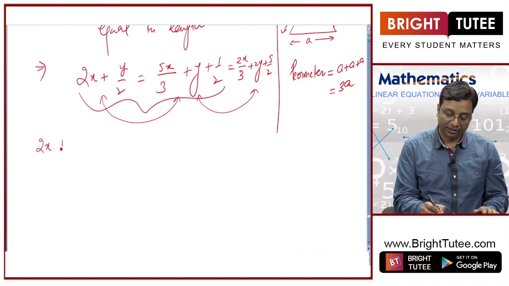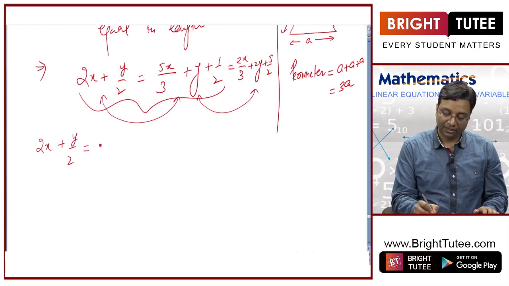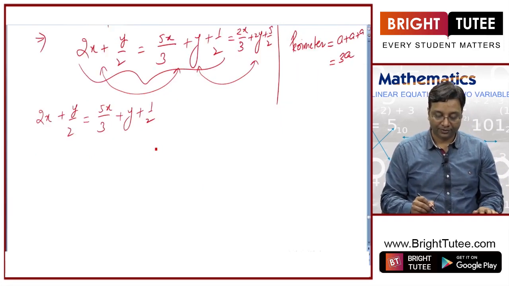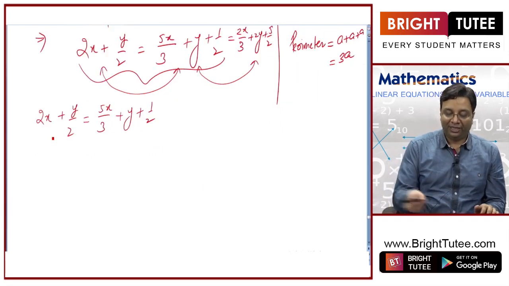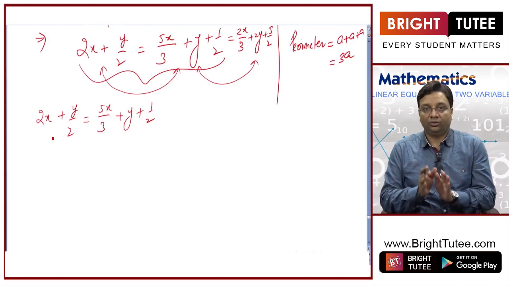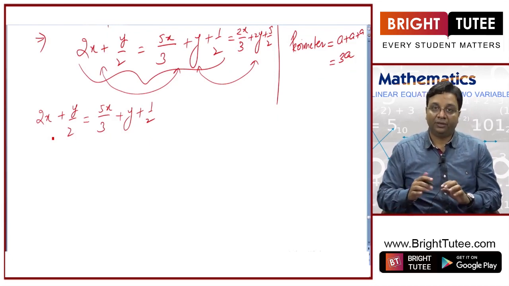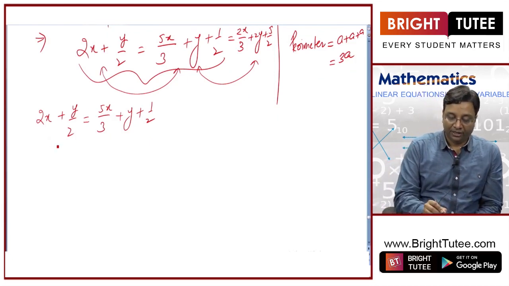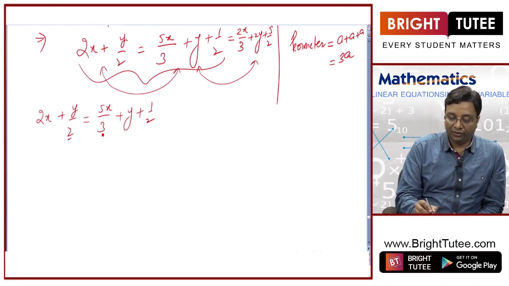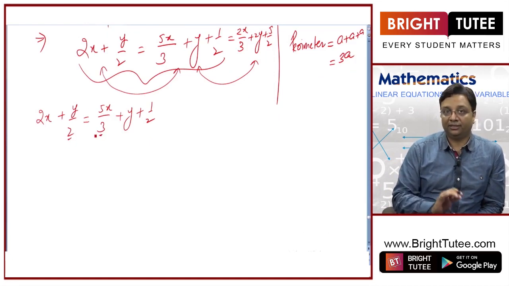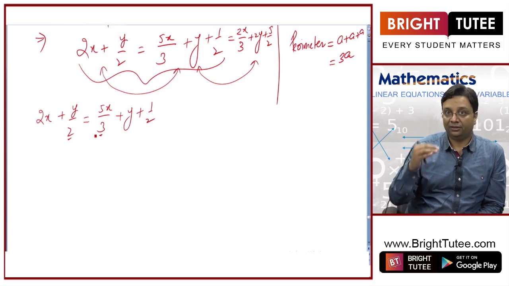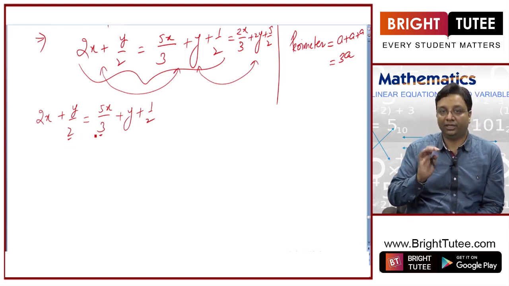So 2x plus y by 2 is equal to 5x by 3 plus y plus 1 by 2. Now let us multiply these two sides by 6. Why? Because then this 2 will be taken care of and this 3 will also be taken care of. I mean, there will be nothing left in the denominator.